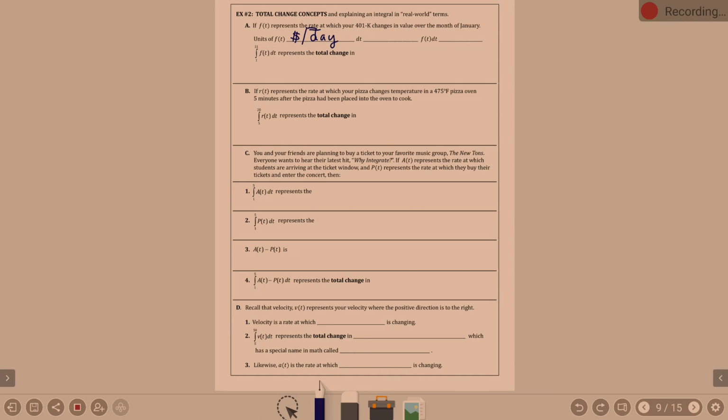Okay. dt. Well, yes, it tells us the variable we're integrating with respect to. I also think of it kind of like delta t, so change in time, which is days, or day.